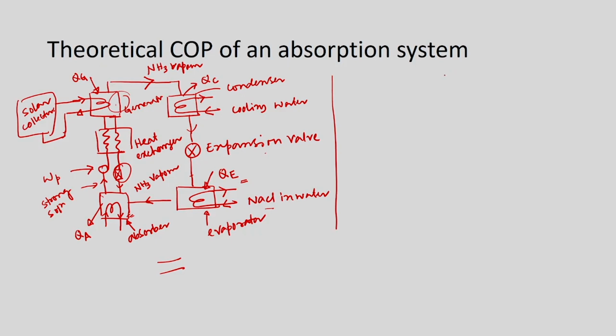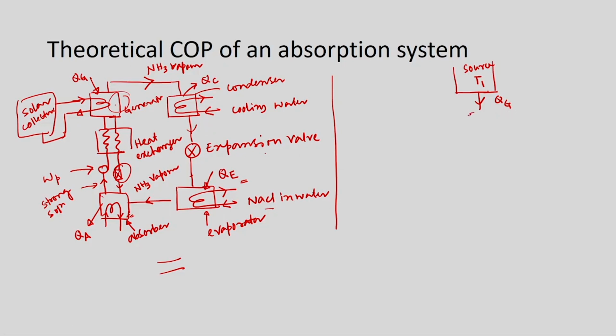So, let us draw the figure first. If we consider a source here, which is at temperature T1. Already we know the source is giving heat to the generator. So, we also know what term represents the amount of heat which is given to the generator, which is Qg.